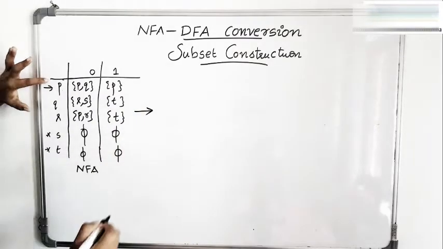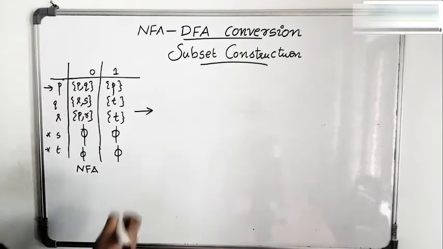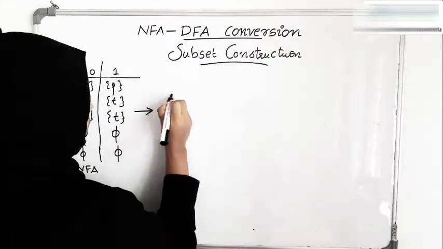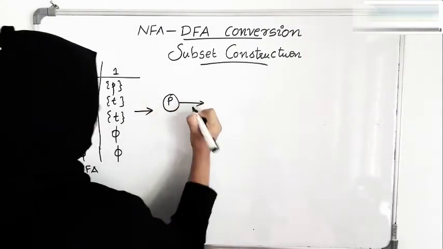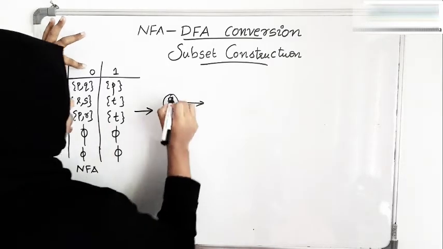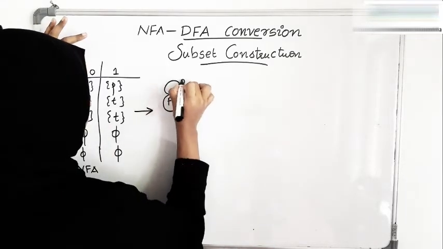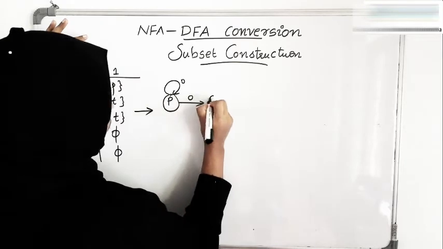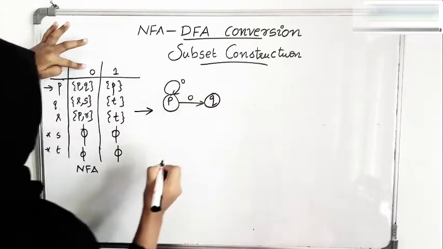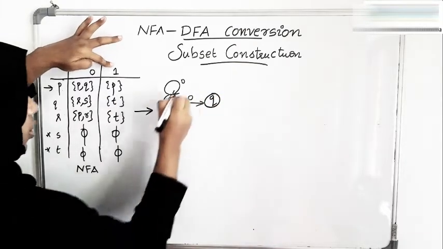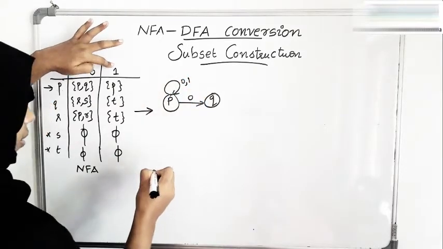So this P is indicated by an arrow mark, meaning that P is the start state. Now on 0, you are staying at P and also moving on to Q. Okay. Now on 1, you are staying at P itself.